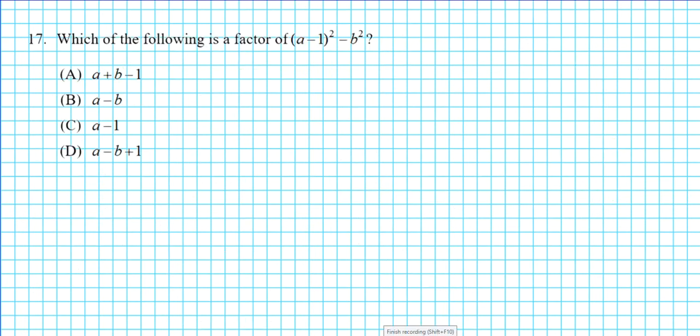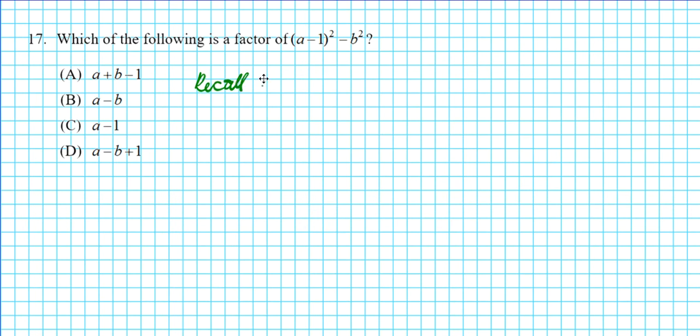Alright, let's take a look at question 17. It says, which of the following is a factor of quantity a minus 1 squared minus b squared? So you have to remember the difference of squares factorization formula.